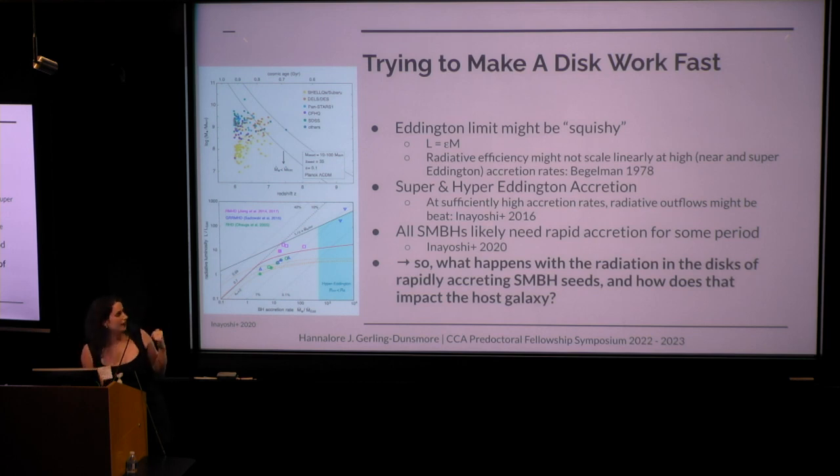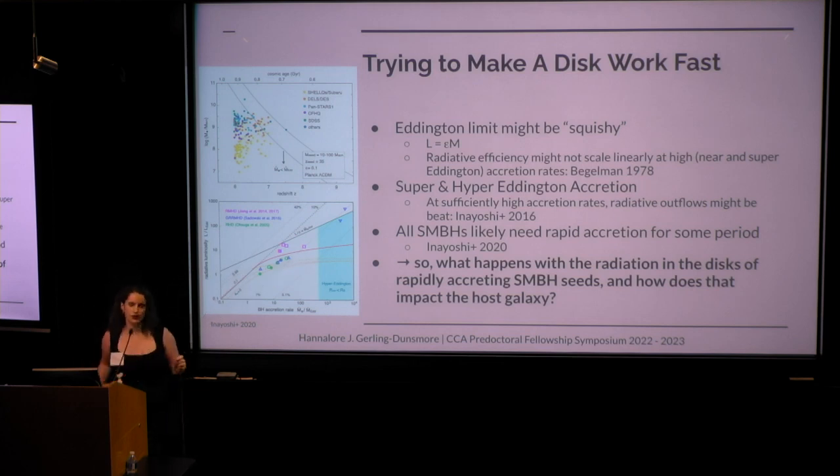It should say L equals epsilon times m dot, which is your mass accretion rate, times the speed of light squared. But it turns out that the epsilon parameterizes your radiative efficiency, and that might not scale linearly. You might actually get a turnover, as shown here in Inayoshi et al. 2020, where you actually get a turnover in that radiative efficiency.